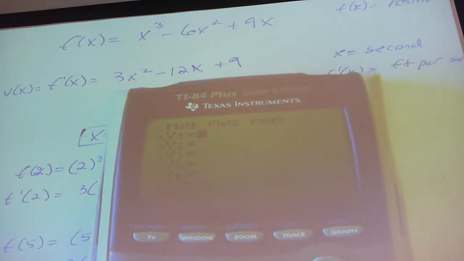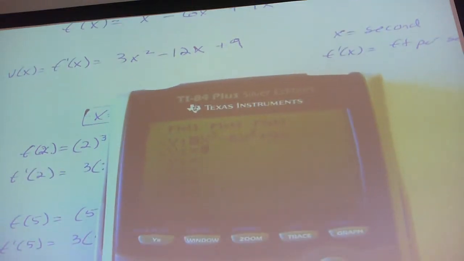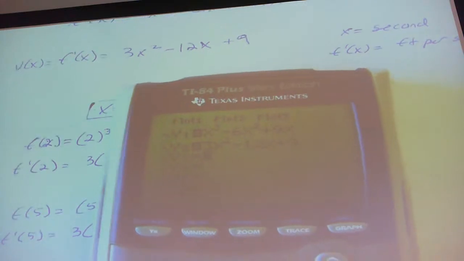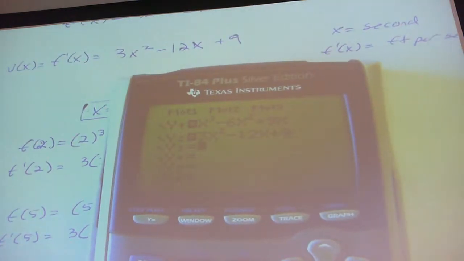In y1, I put x raised to the third minus 6x squared plus 9x. And then in y2, I put 3x squared minus 12x plus 9. So in y1, I have the original, and in y2, I have the derivative. Are we okay?